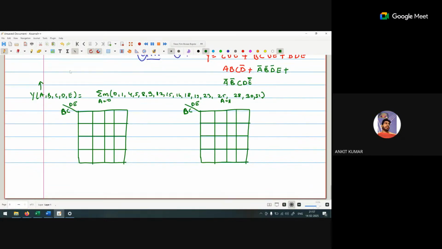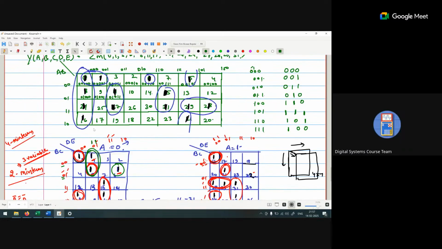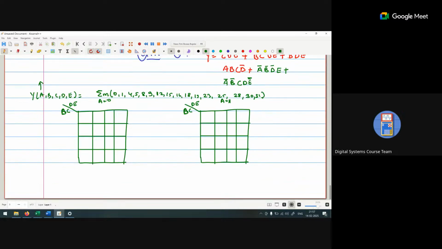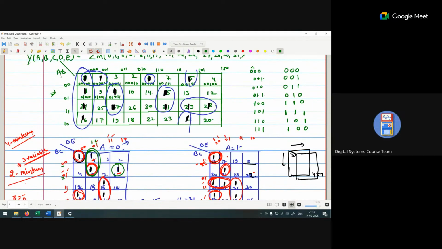Sorry, sir, I still do not understand. You want to know how I break this particular one into this one? Basically, the value of A is 0 in these two cases and the value of A is 1 in these two cases. So I just make a group of this part and split it.